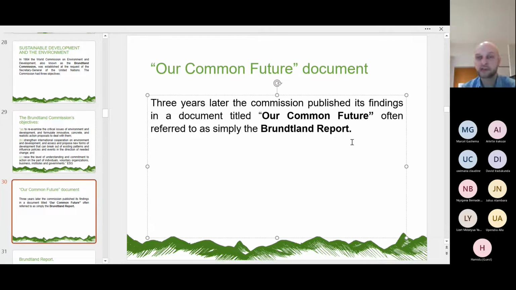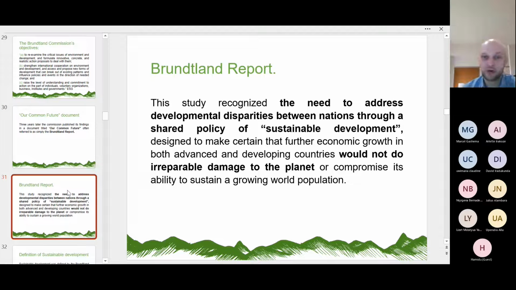So if someone asks you what is sustainable development, you can provide the definition given by the Brundtland Report. It was the first time an officially recognized definition was given by the United Nations.